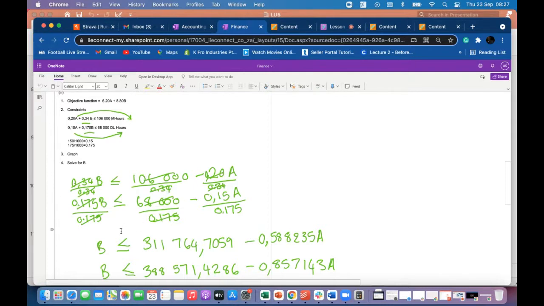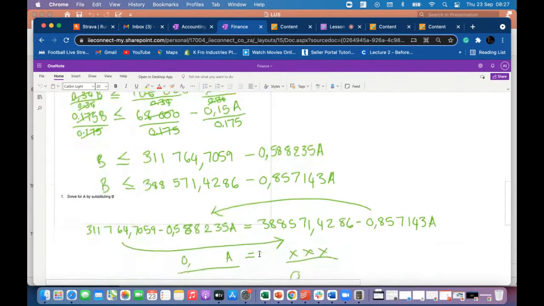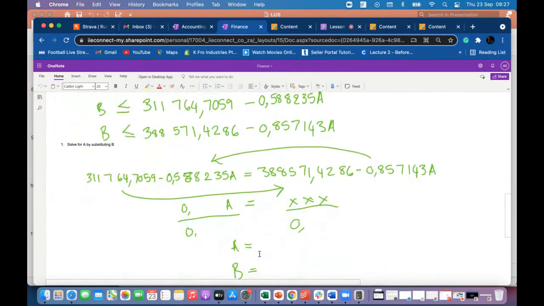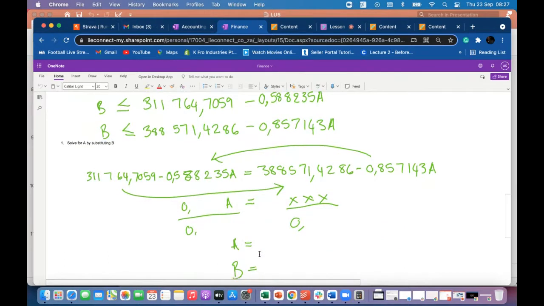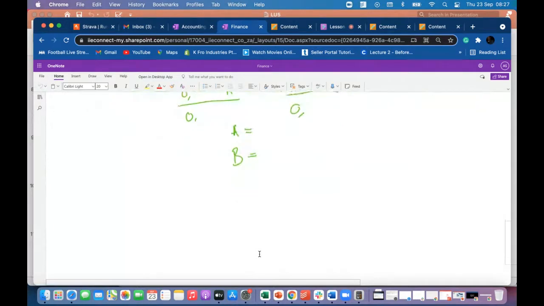Okay, how do we get rid of this to isolate B? And we did that there. We then solved for B. After solving for B, we can then solve for A.